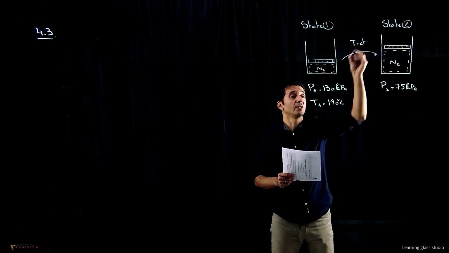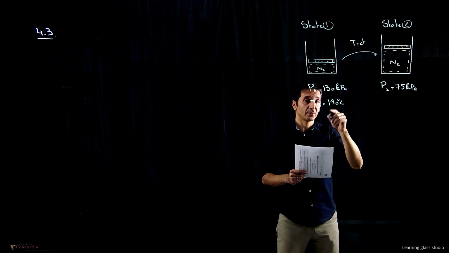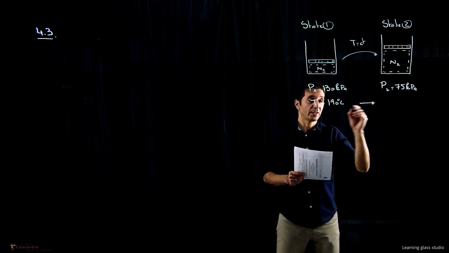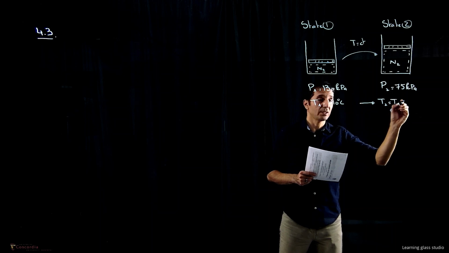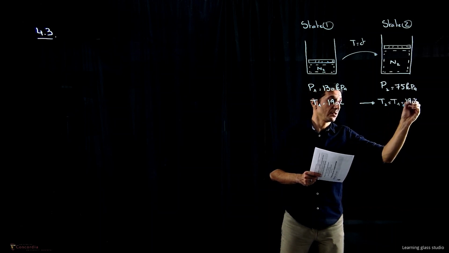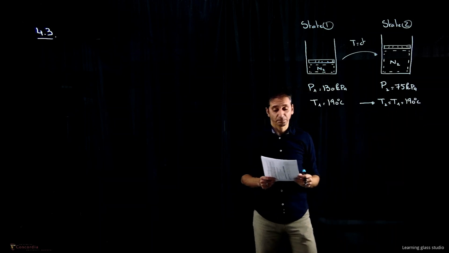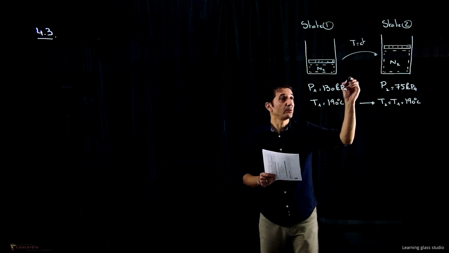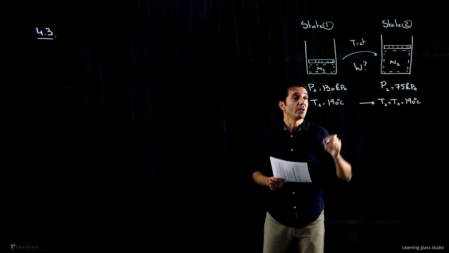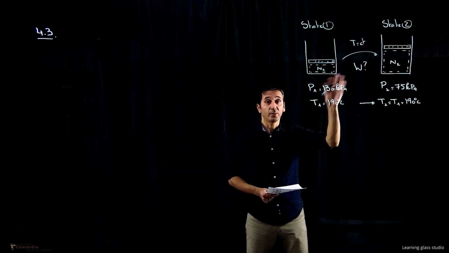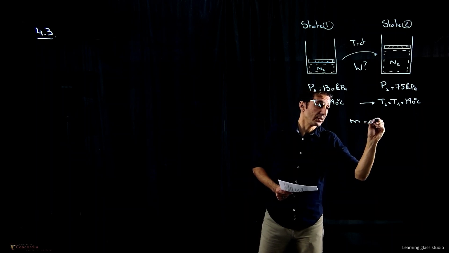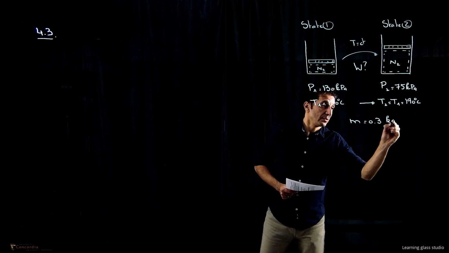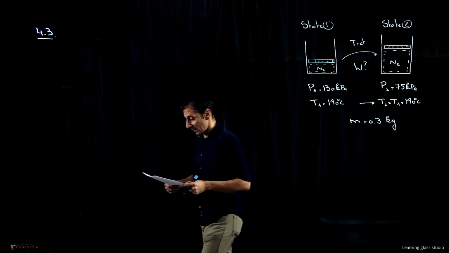So therefore, the temperature remains constant. So we can express this as T2 is equal to T1 is equal to 190 degrees C. What we have to get is the work. The other thing that we are given that remains constant between the two is the mass of our nitrogen, which is 0.3 kilograms.